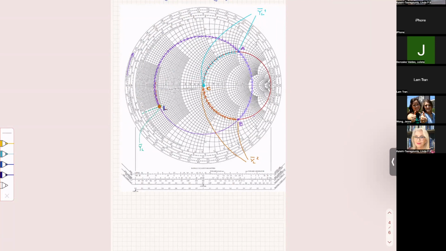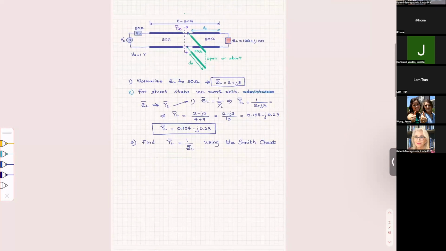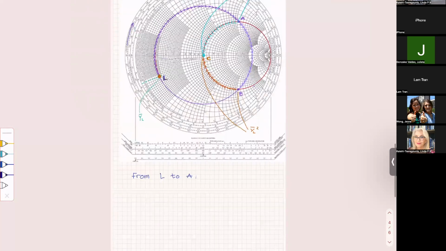So from L, point L to A is going to give us a length L sub S1, L sub S1, which is the first solution.